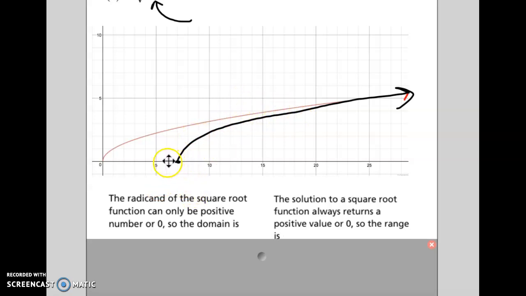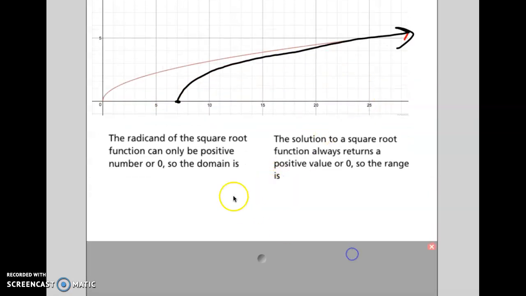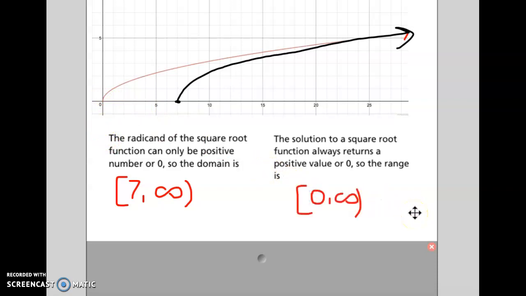It's never going to touch over here. It starts at 7 and goes towards infinity. So that is why my domain is 7 to infinity. Range, we know we look at the y values. The smallest y value is at 0, right? It never goes to negative numbers. So it's going to go from 0 all the way to infinity.